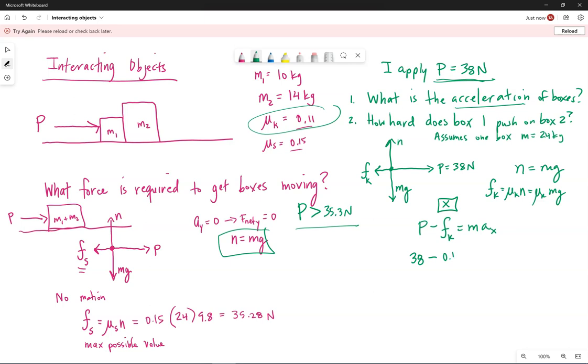We know the coefficient of kinetic friction is 0.11. The mass, we've drawn this free body diagram as if it were just one big box that has a mass of 24 kilograms. And then we still need g here. So plugging these numbers in, that's going to give us the net force. That has to equal the mass of this one big box times the acceleration the box has in the x direction.